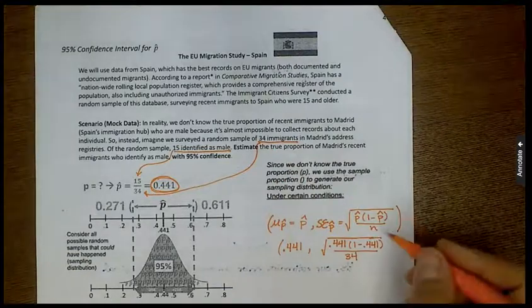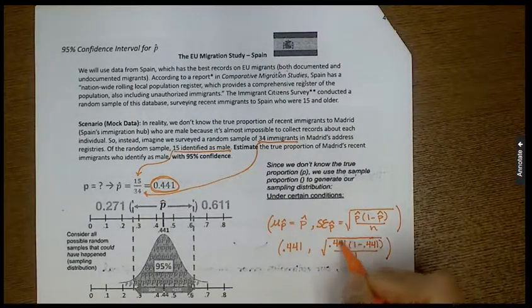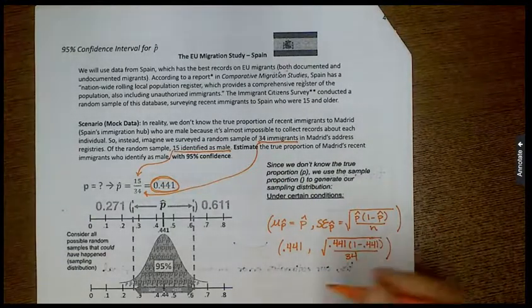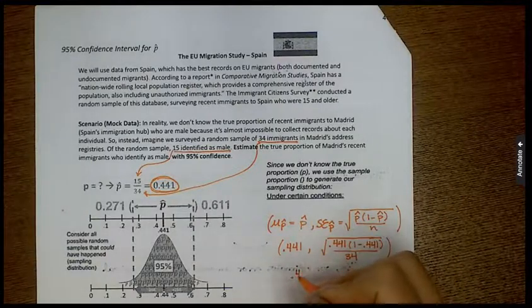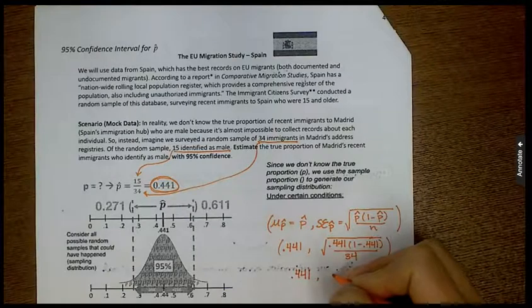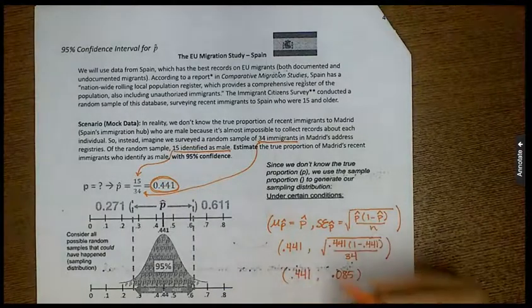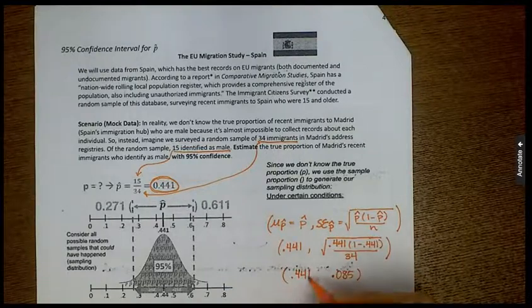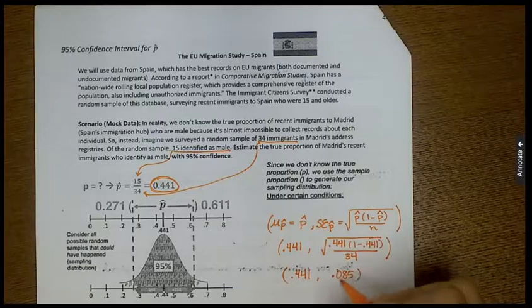I'm going to solve this and round it to 3 decimals, and I get 0.085. So this is my p hat, or my mean, and this is my standard error.